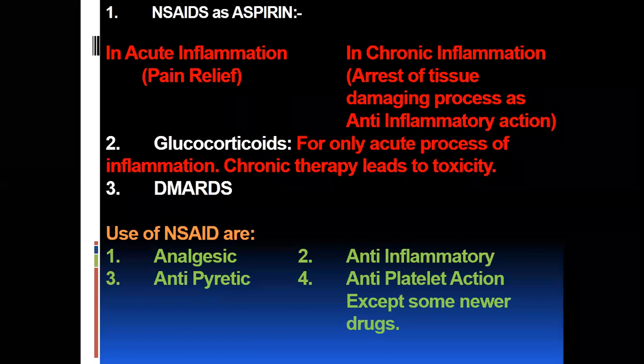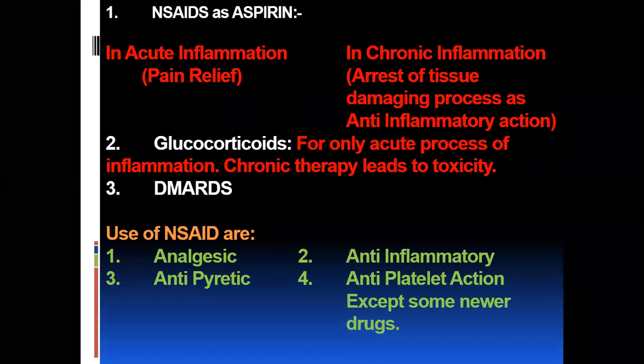The second group of drugs in inflammation is glucocorticoids. These are for the acute process of inflammation, while chronic therapy with glucocorticoids leads to toxicity. And the third group of drugs is the DMARDs, the disease-modifying anti-rheumatoid drugs. These are all the three groups of drugs.